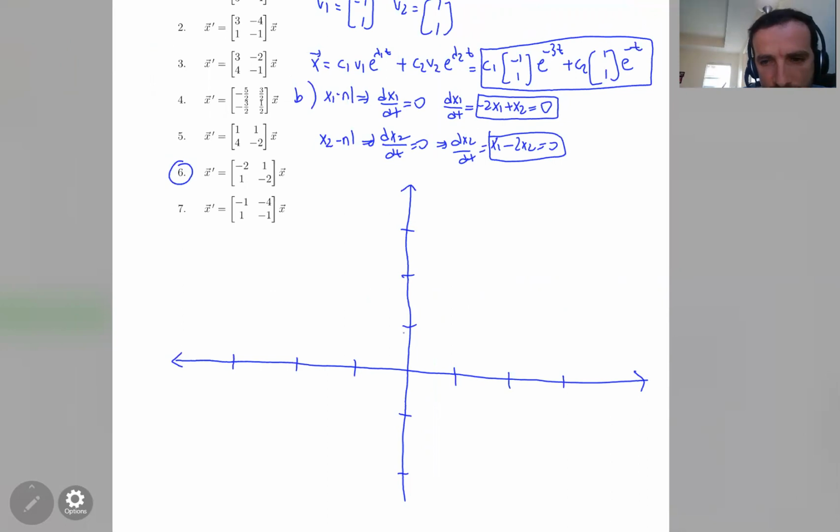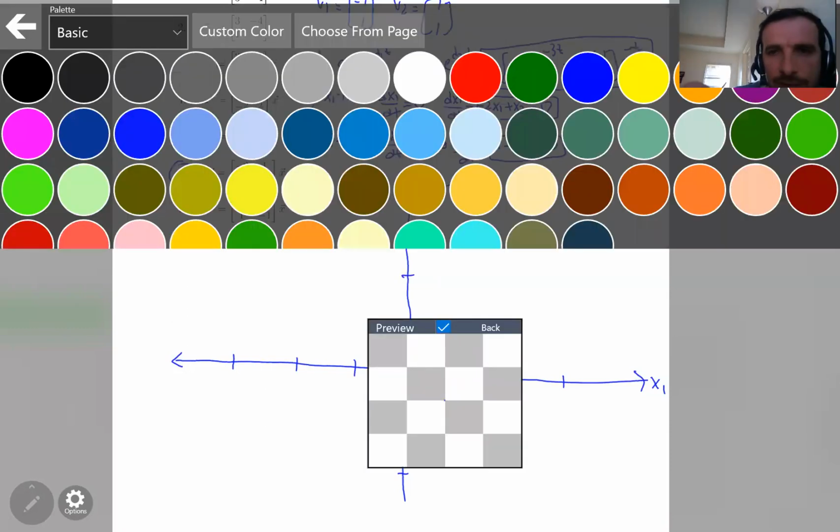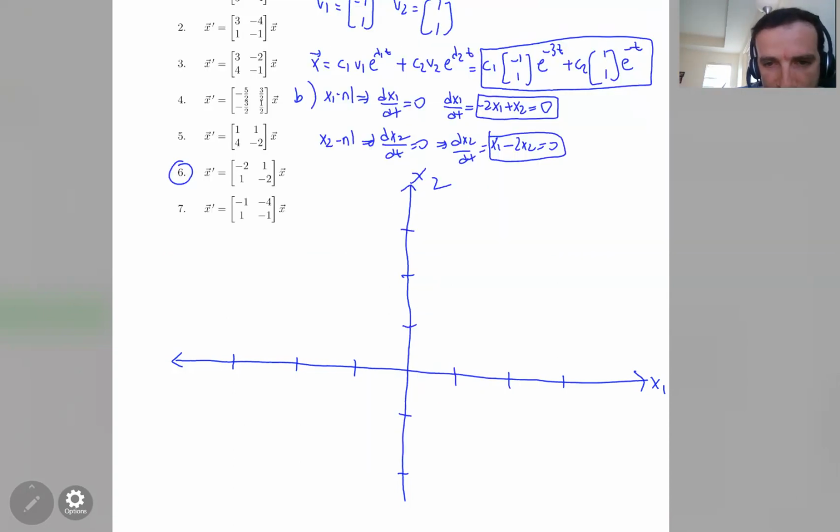This x is x1 and this is x2, right? I normally use red for the straight line solutions. This is negative 1, comma 1, so the first straight line solution is this one.